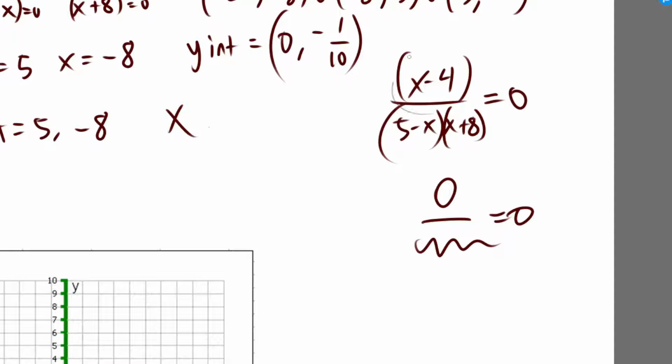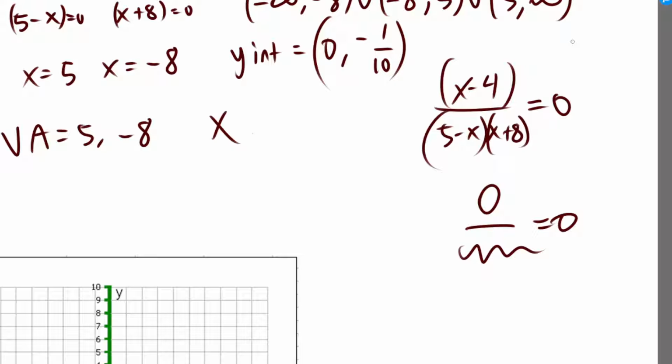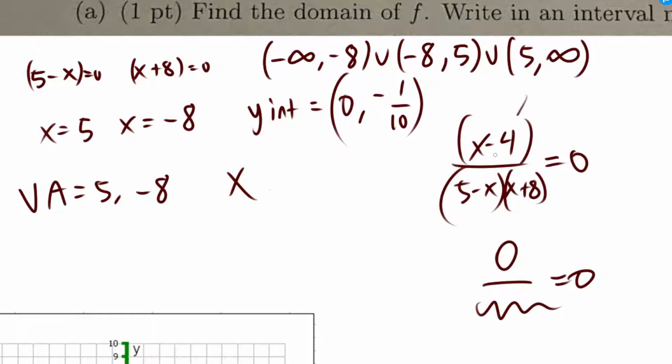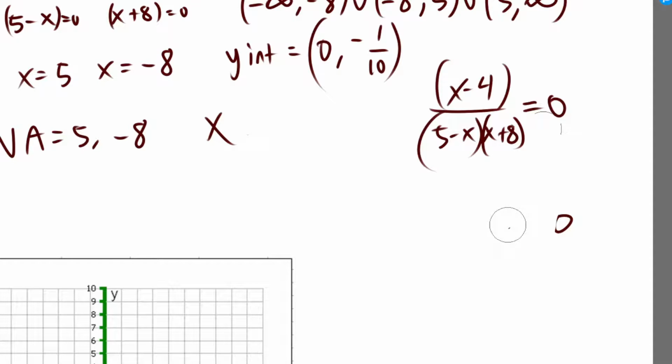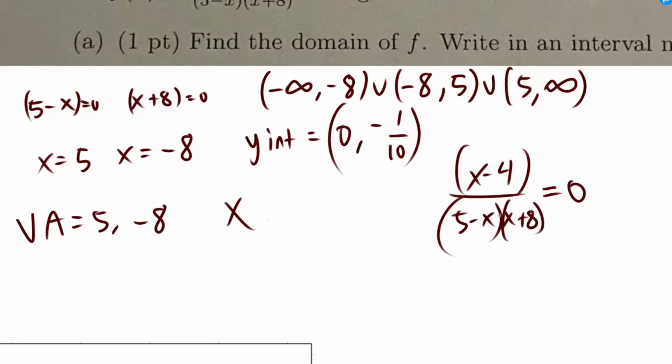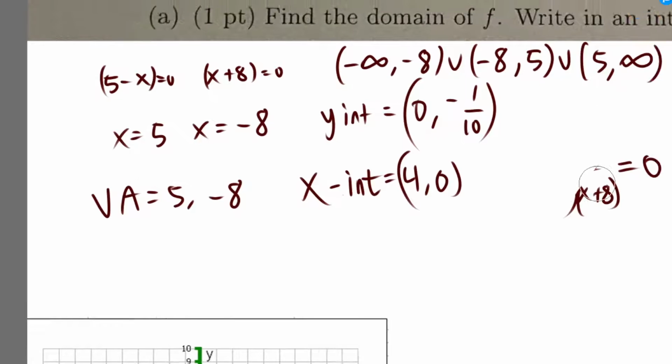And so long as there are no contradictions here, we just need to set the top equal to 0. Sorry, that was weird wording. In that case, x is going to be equal to positive 4. Hopefully that made sense. So we have our x-intercept (4, 0) and our y-intercept.